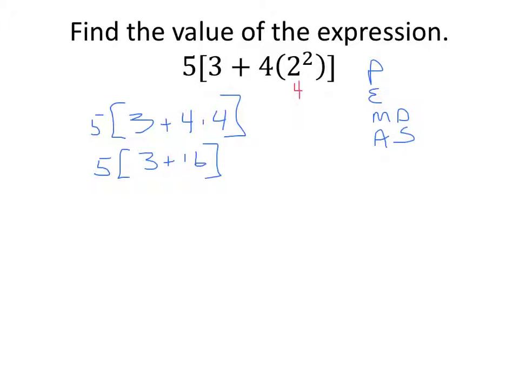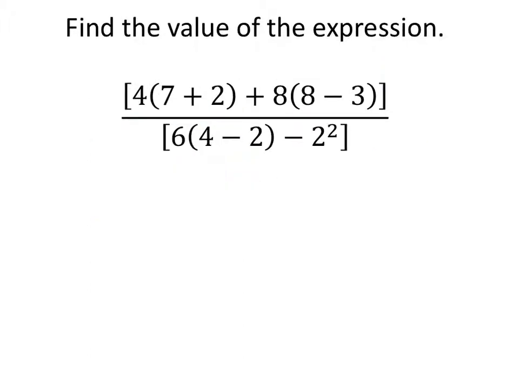So we have 5 times 19, and 5 times 19 is 95. So we are done.